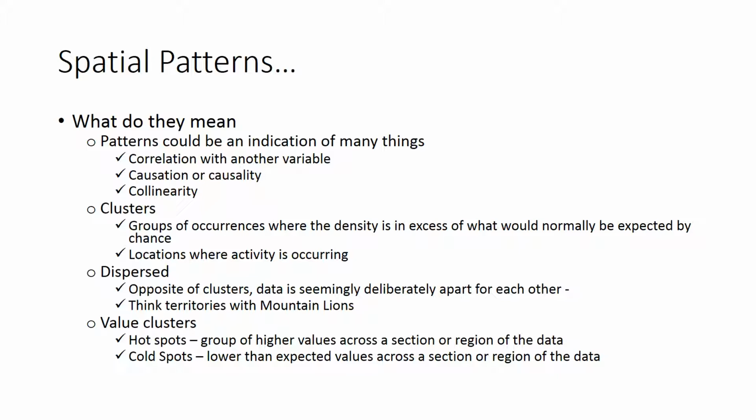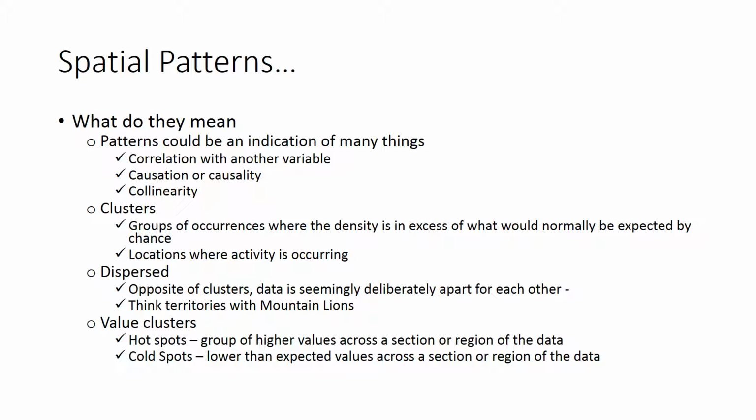And so mountain lion populations, for example, tend to be dispersed, as in the territories where they roam are deliberately positioned so as to not encounter other mountain lions. And again, this is a type of pattern. It's not really a cluster, but it's not random either.